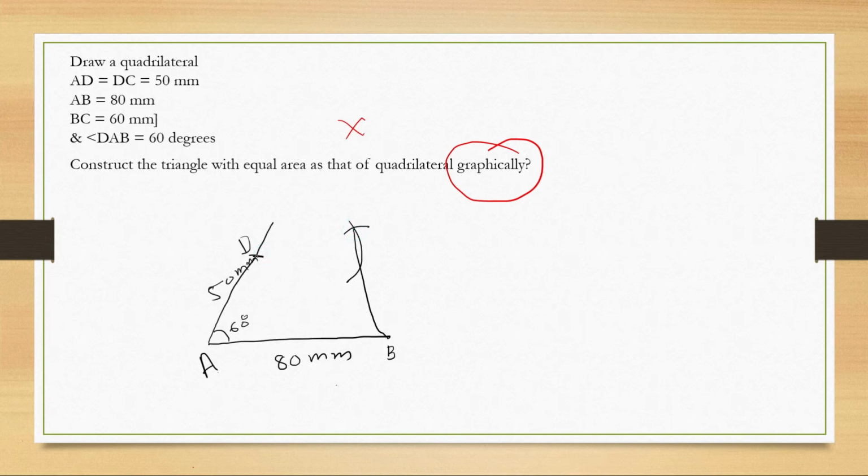Sorry for that, we'll do it again. So this is how our quadrilateral will look, which will be 50 mm here and 60 mm here. On the next slide I actually have this drawing done, so let me go ahead with that.